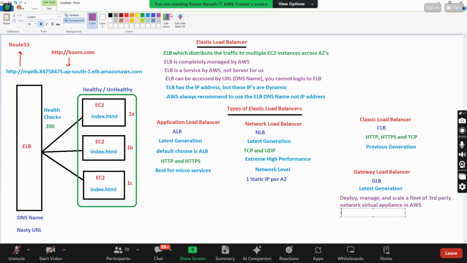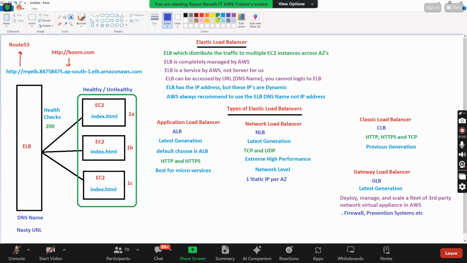Like if you want to install firewalls, or set up any prevention systems, etc., then go for gateway load balancer.